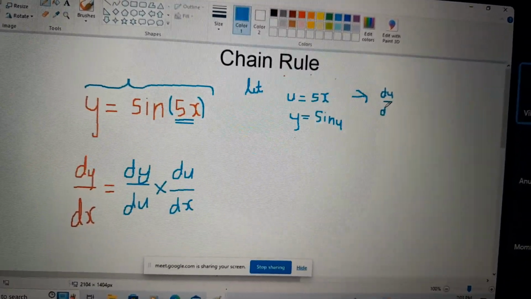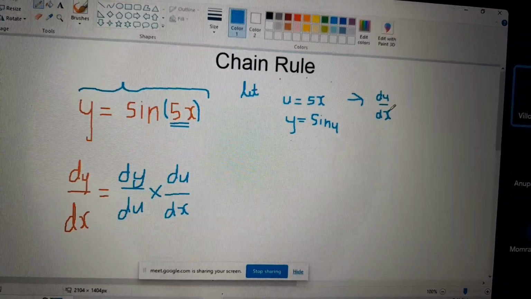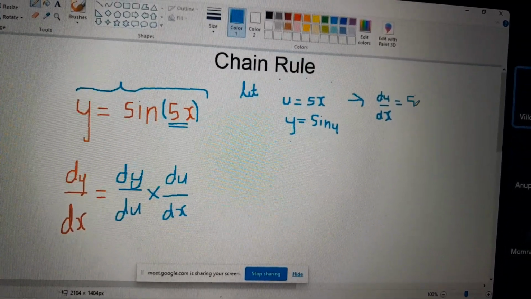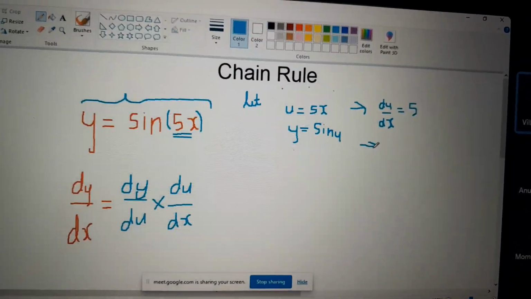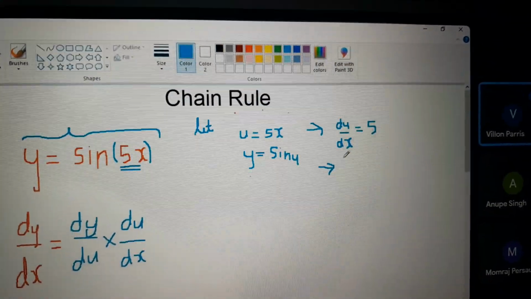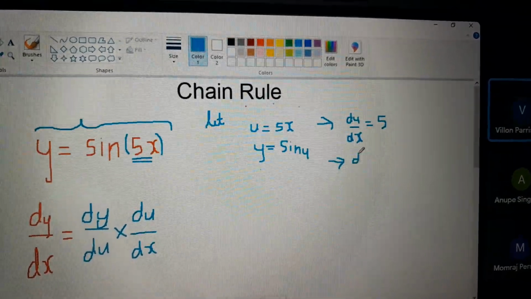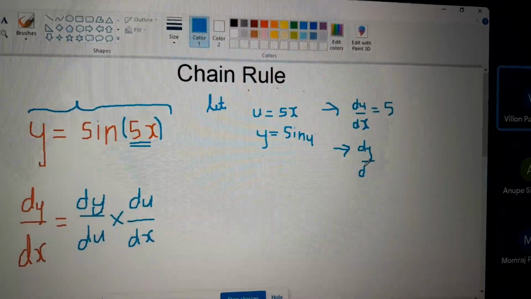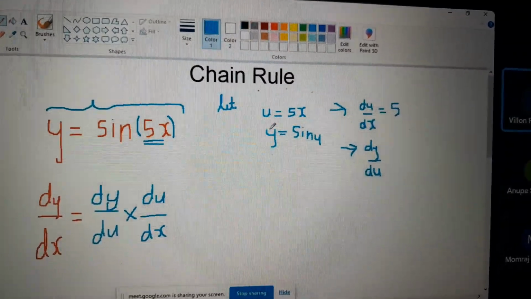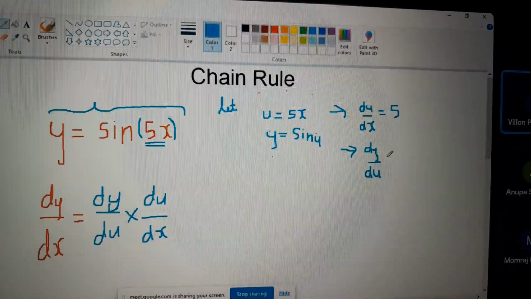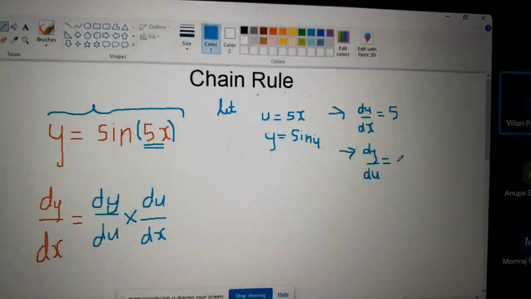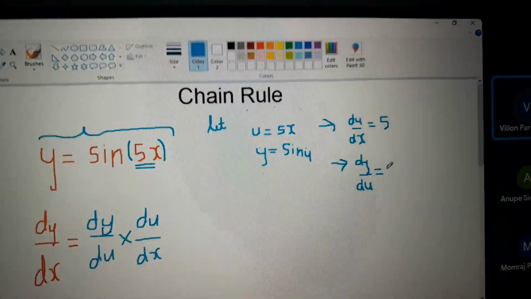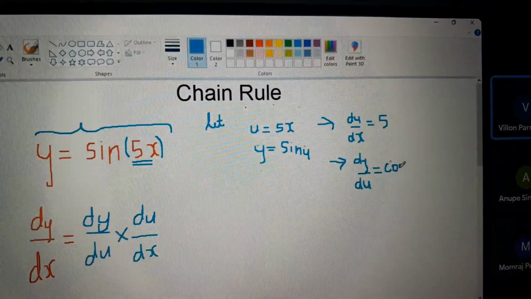What will we get when we find the derivative of 5x? 5, excellent. Now we need to find the derivative of y. So dy/du, because the variables are y and u in this equation. When we differentiate sine, what do we get? Cos. Good. So that would be cos u.